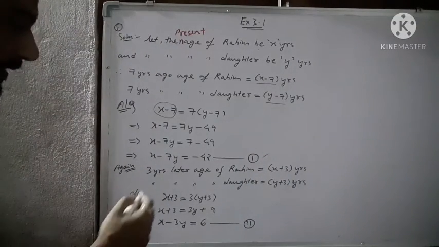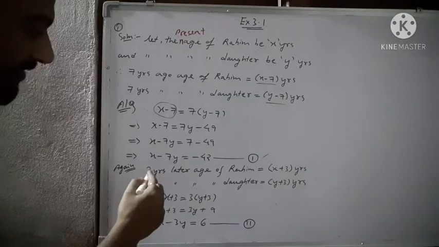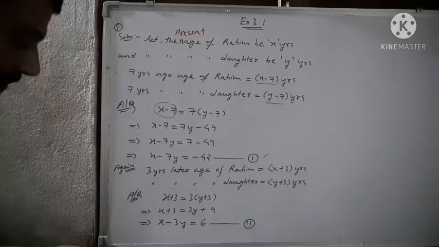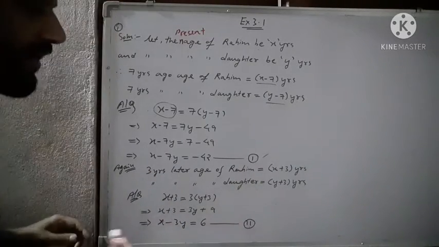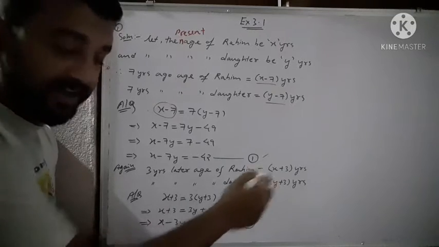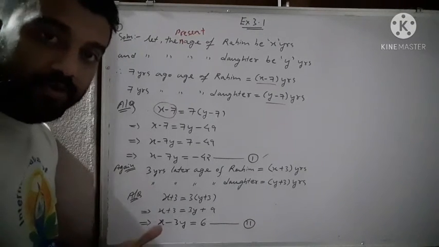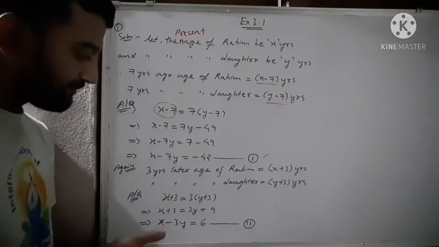Now for the second part, it is given that 3 years later, the age of Rahim will be 3 times his daughter's age. After 3 years, if the present age is x years, the age of Rahim is x plus 3 and the age of the daughter will be y plus 3.